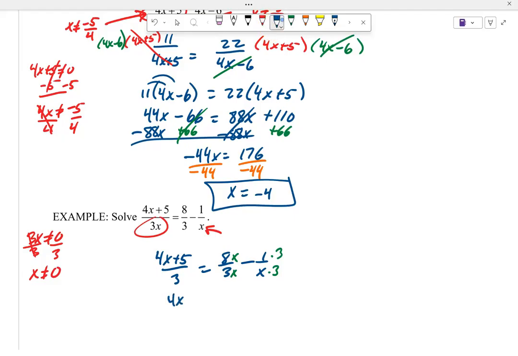So it looks like I've got 4x plus 5 all over 3 equals 8x minus 3 all over 3x. Now I'm going to multiply this side by 3x, this side by 3x, and notice when I do that the 3's cancel right there.